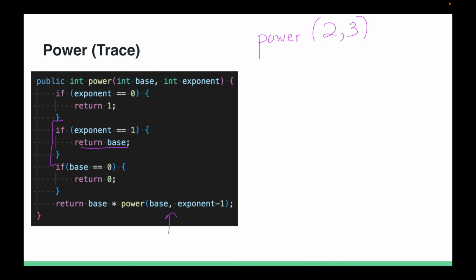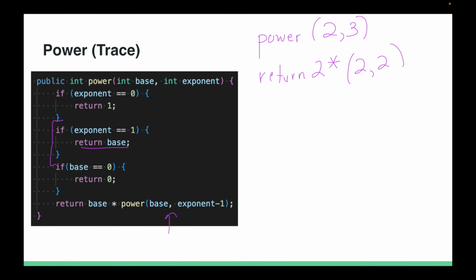So what we're going to do first is we have our base of 2, and we're going to check our exponent. Our exponent is 3, and our exponent doesn't equal 0, and our base doesn't equal 0. So we can go ahead and return 2 times power of 2 and exponent minus 1, which is 2.